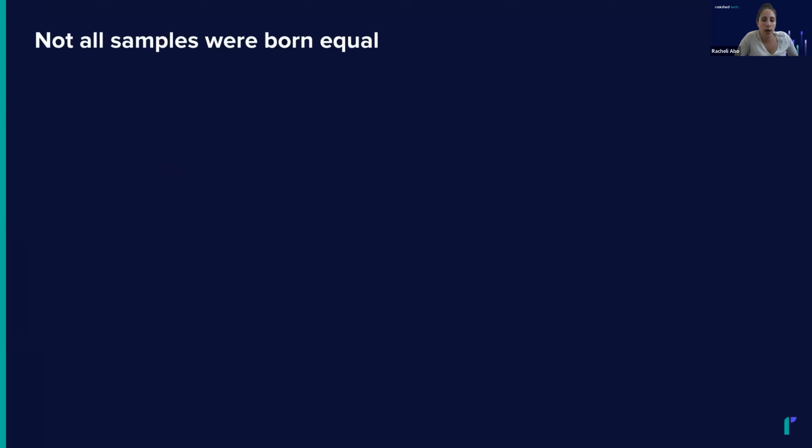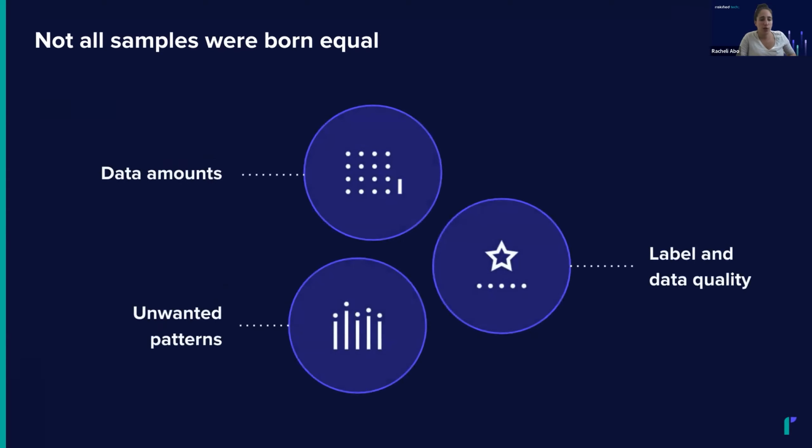Cool. So let me start by stating the obvious. We can't, and we probably don't really want to, use all the data that we have in hand. In commercial companies, we usually deal with huge amounts of data. Not everything is labeled and not everything is of the highest quality.